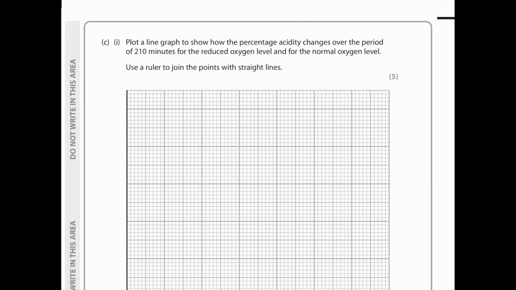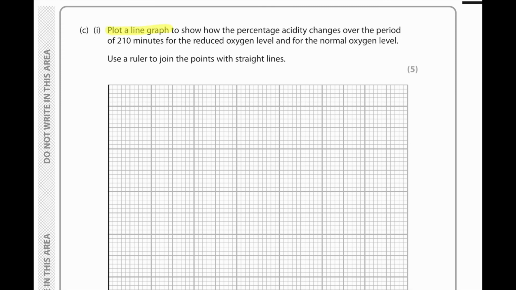Okay, C1. Plot a line graph to show how the percentage acidity changes over a period of 210 minutes for reduced oxygen level and for normal oxygen level. Use a ruler to join the points with straight lines.